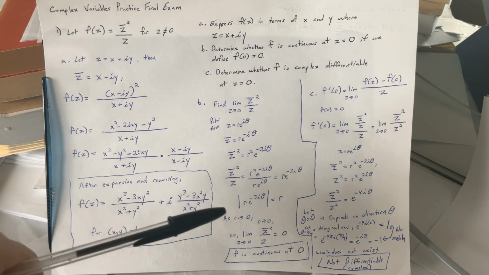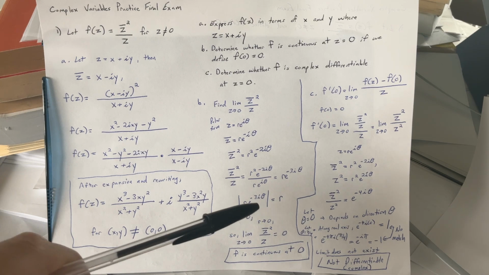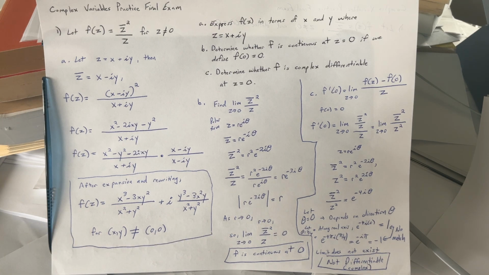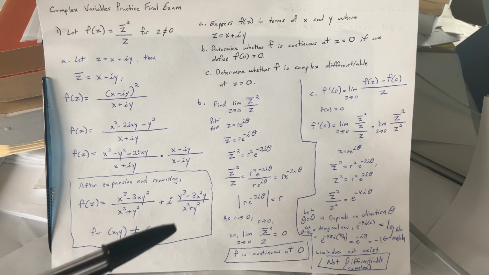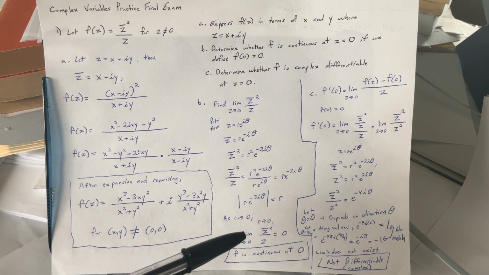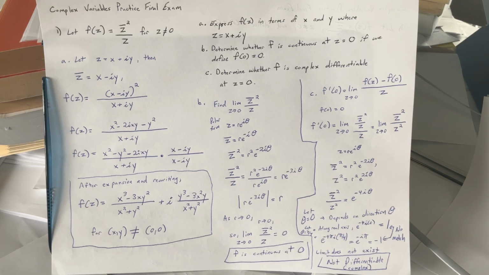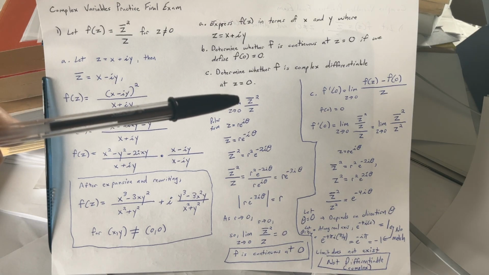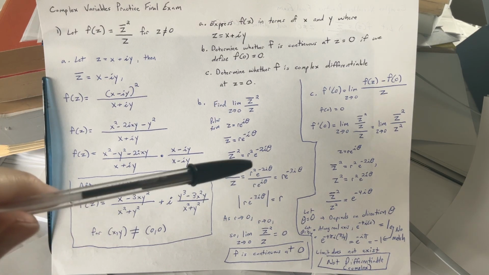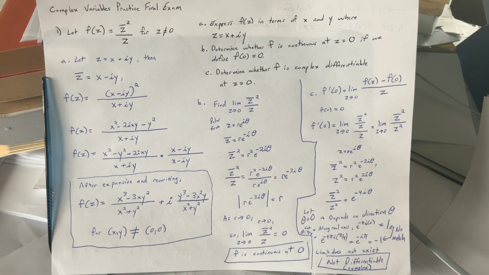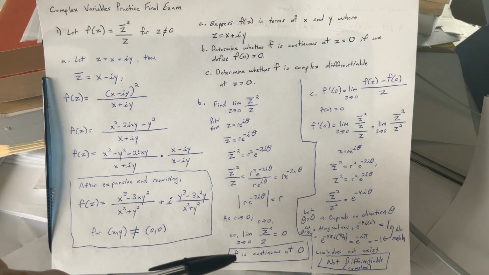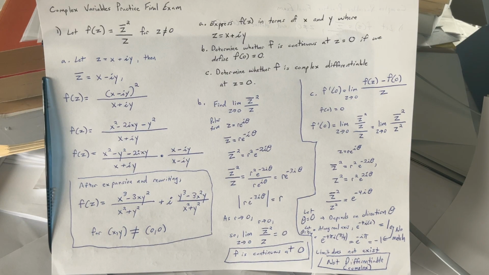Okay, modulus of that, absolute value of that yields r. As r approaches 0, we have a limit as z approaches 0 of this becomes 0. So due to this relation with r, changing it to polar, this becomes 0. So it comes out to a number. f is continuous at 0.